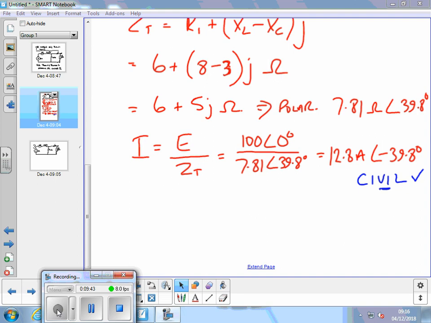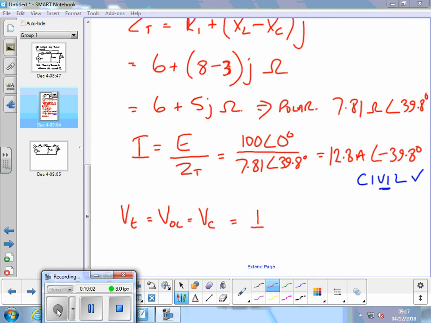So now we can find V Thevenin. It's equal to the open circuit voltage, which is the voltage across the capacitor in this case, and that is I times XC. We've got to isolate that one component and find the volt drop across it.